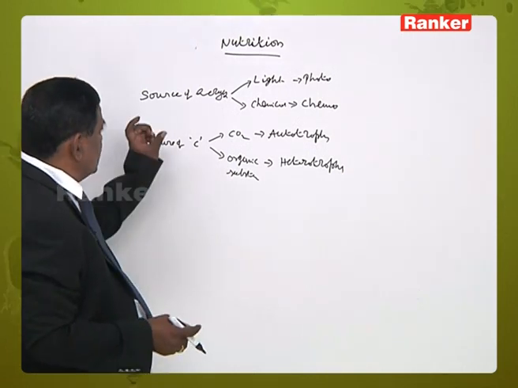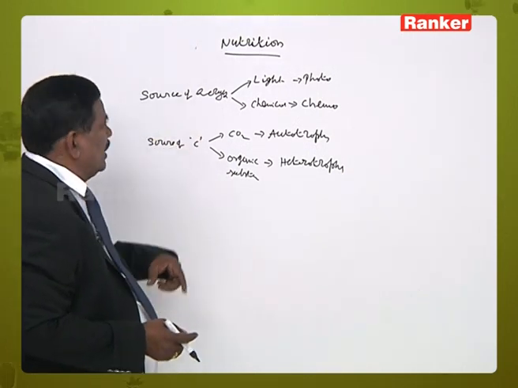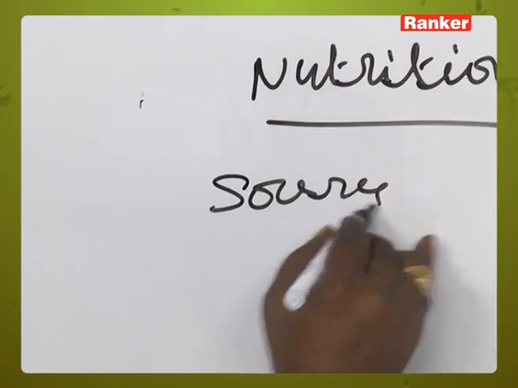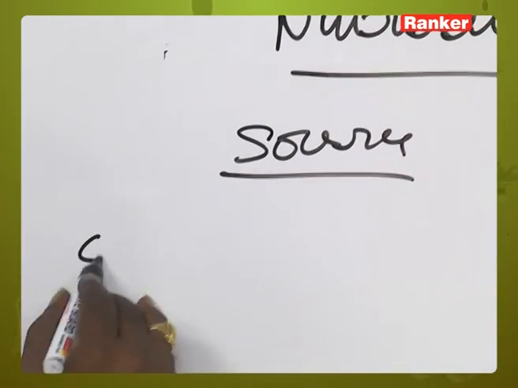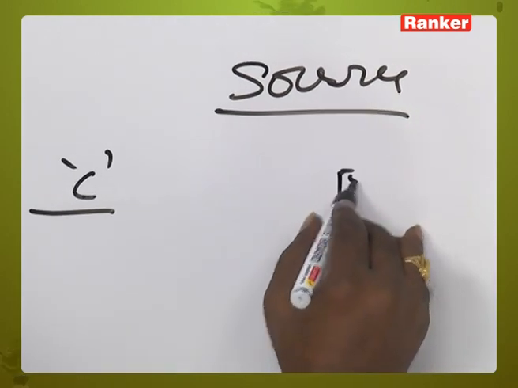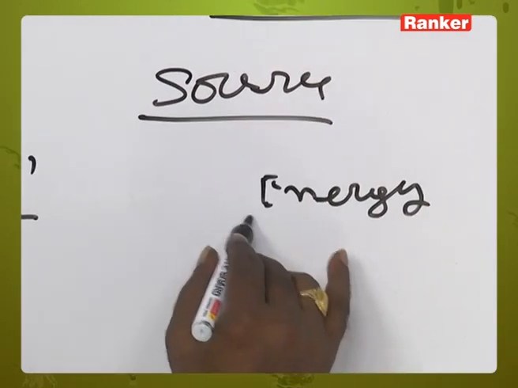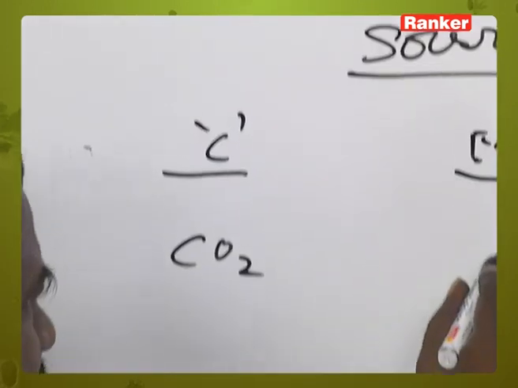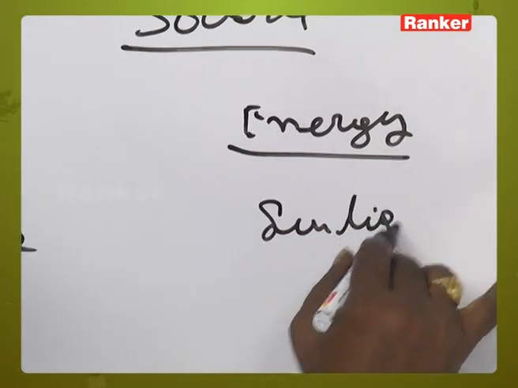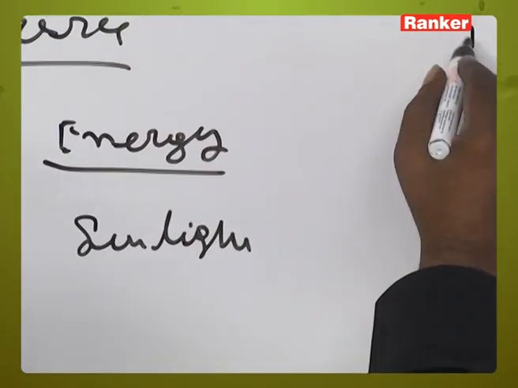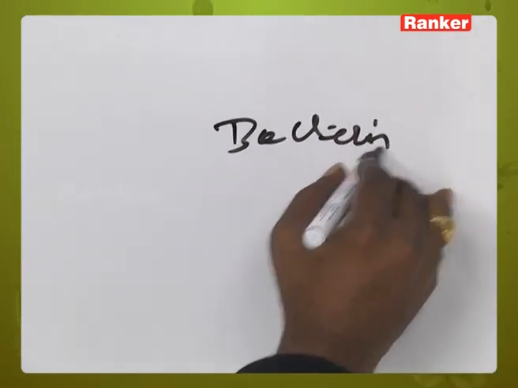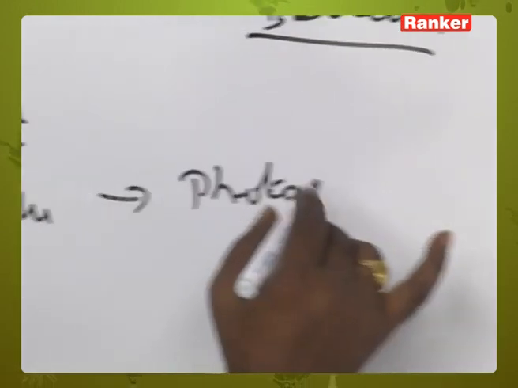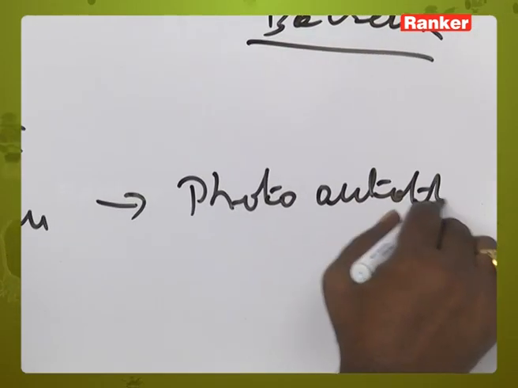Now, based on the source of energy and carbon, bacteria further divide into four types only. Source, carbon, energy. Carbon in the form of carbon dioxide, energy from sunlight, that bacteria are autotrophs.